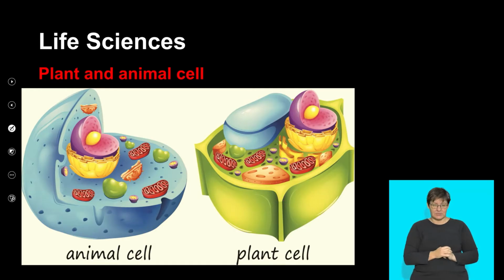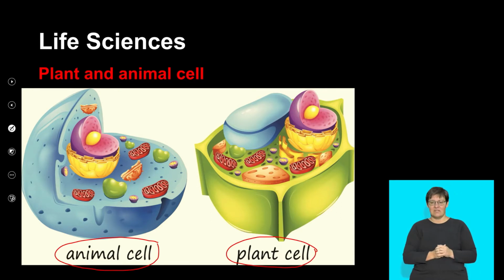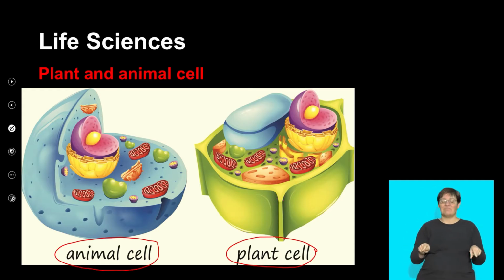Then what we also look at is the following, that eukaryotic cells can be divided into an animal cell and a plant cell. So we're going to find that plants and animals have different structures because sometimes they need different things.